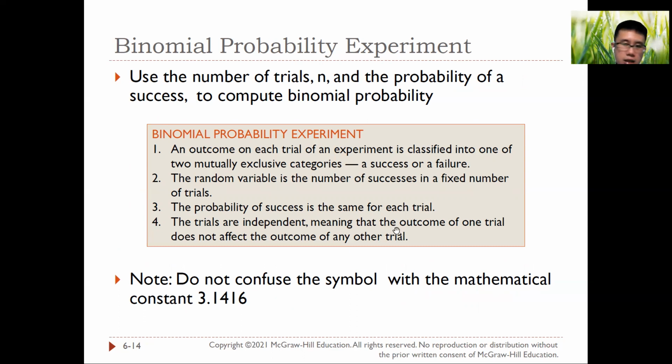And here, I think we forgot to define the random variable x. Here, the random variable is the number of successes in a fixed number of trials. So we count the number of successes like that.